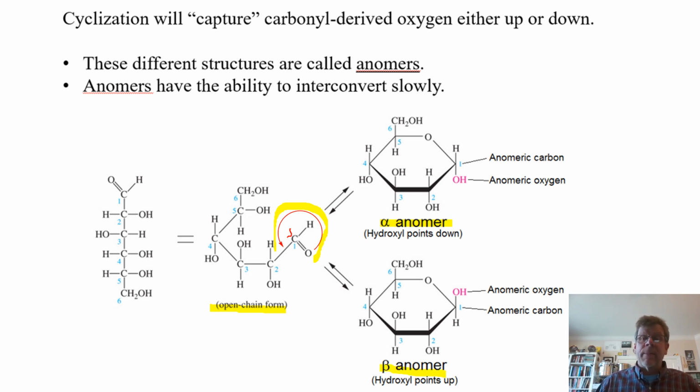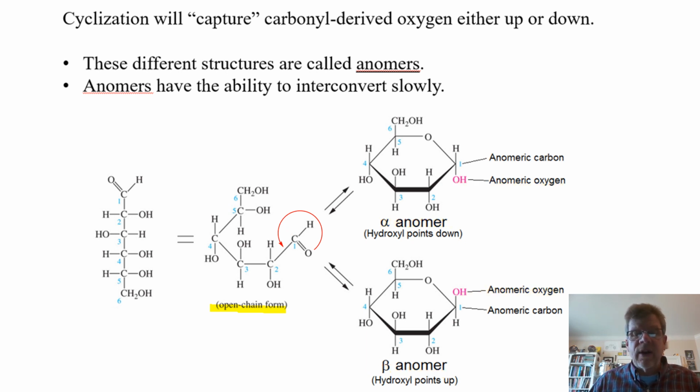Now, let's think about this for a moment. When we have our open chain form, we have our aldehyde spinning around. When we have our closed form, we have either anomeric oxygen down or anomeric oxygen up, giving the alpha or beta respectively. Notice the arrows going from that central open chain form over to the cyclic forms.